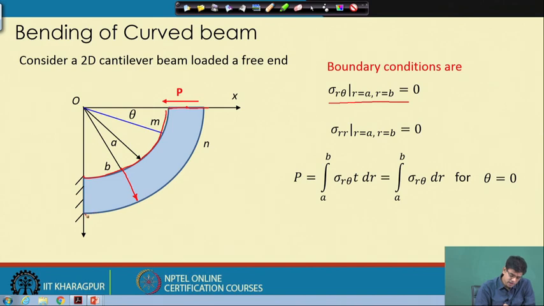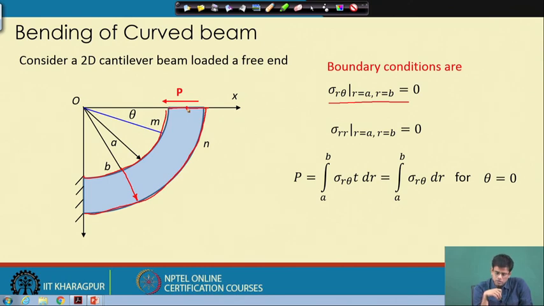So there is no force here; these are free. And sigma r at r equals a and b is also 0. So there is no normal force and no tangential force.